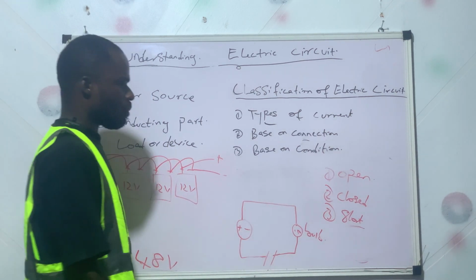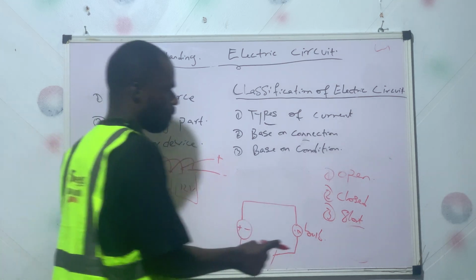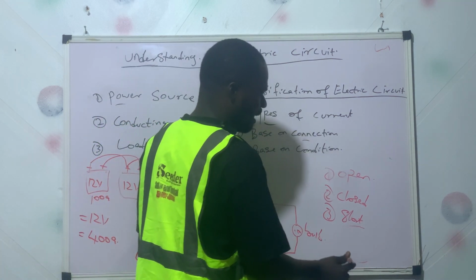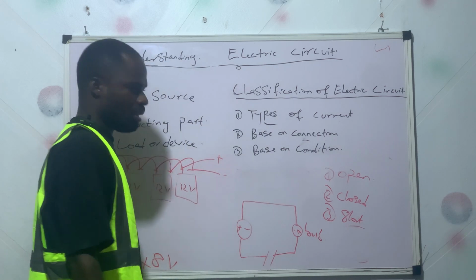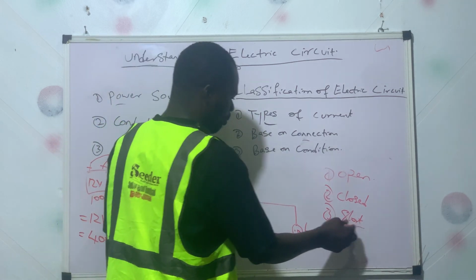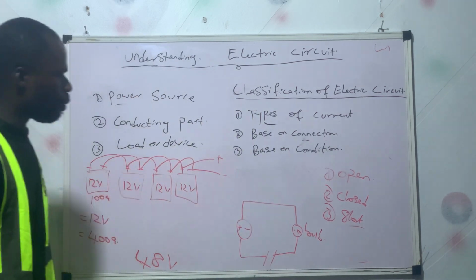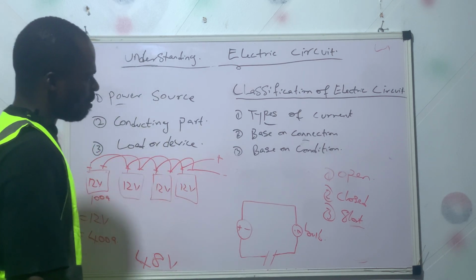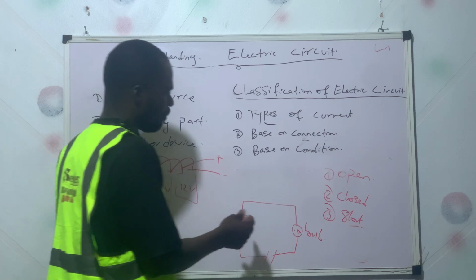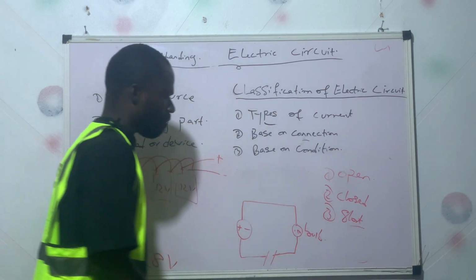When we talk about your cable sizing, we'll talk more on the effect of undersized cables in electrical installation, which increases a short circuit. So this is the number three classification of electric circuits based on condition.